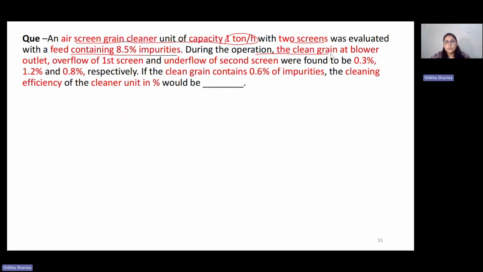During the operation, the clean grain at the blower outlet, the overflow of the first screen and the underflow of the second screen were found to be 0.3%, 1.2% and 0.8% respectively. If the clean grain contains 0.6% impurities, the cleaning efficiency of the cleaner unit in percentage would be.